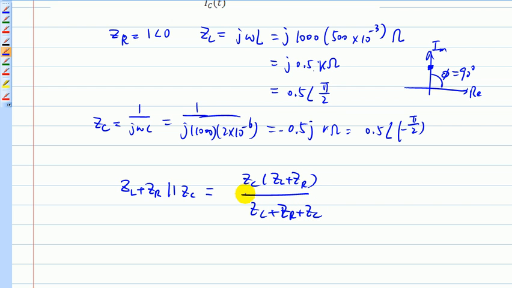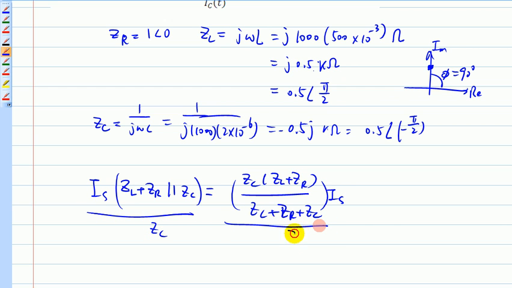Then this one multiplied by IS is the voltage across ZC. And then you divide it by ZC, that's the current IC, right? So this ZC is gone, and you get ZL plus ZR over ZL plus ZR plus ZC, times IS.